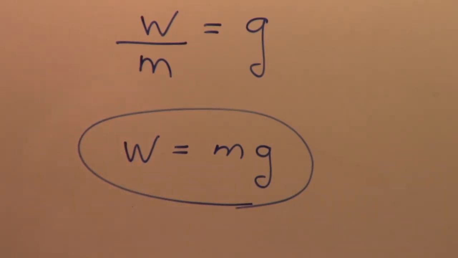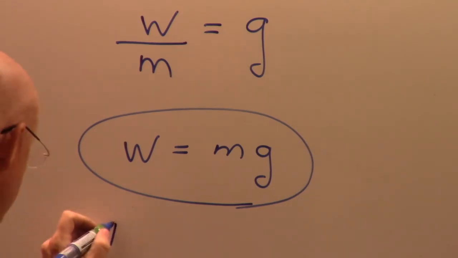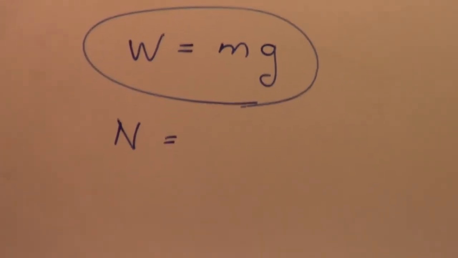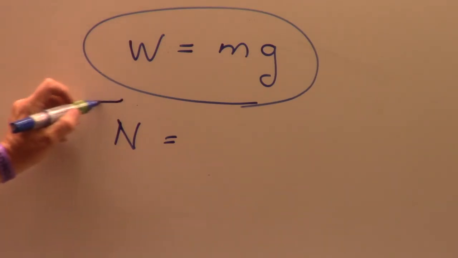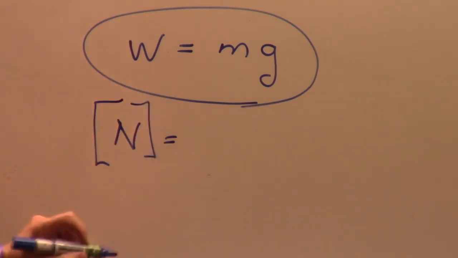Oh, by the way, this will be a good time to point out the units. What units do we measure a force, including weight? All forces would be measured in what units? Newtons. And look at the other side of the equation. So when I'm doing units, I'll put it in square brackets.